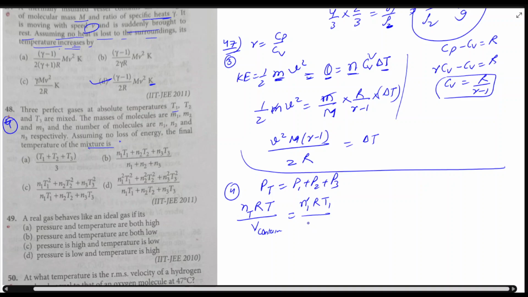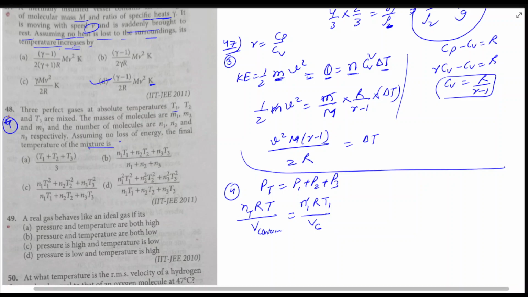The volume of the container is VC itself. So it will be N1 dash R T1 over VC, plus similarly N2 dash R T2 over VC plus N3 dash R T3 over VC.